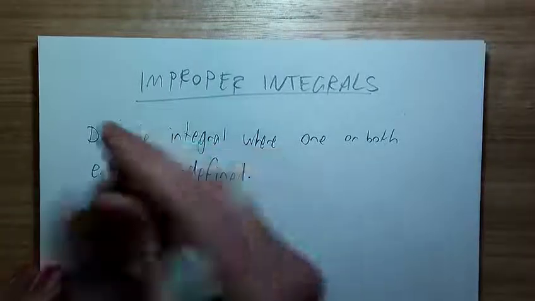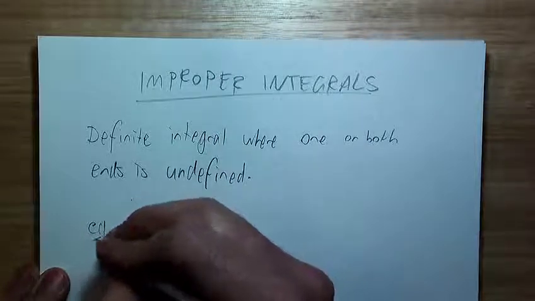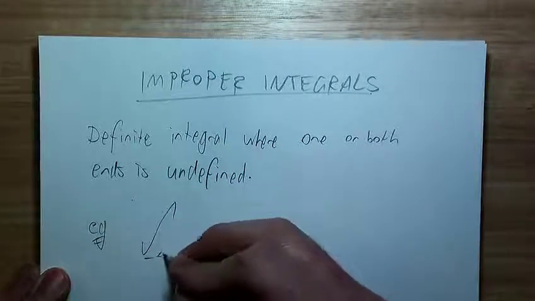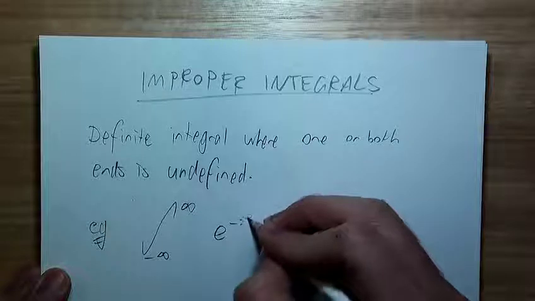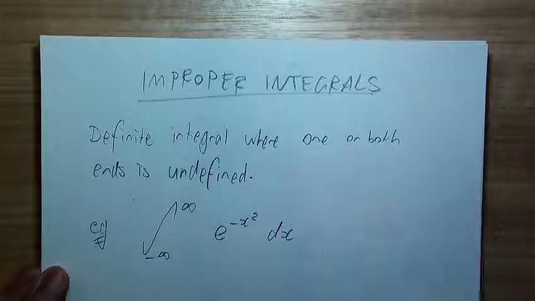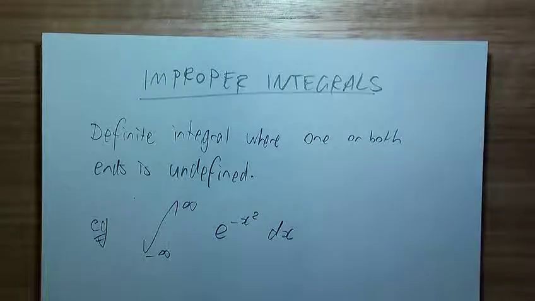So, for example, that is an improper integral because infinity isn't a number, so it's not actually defined at that end. So it's improper at both ends, this one.